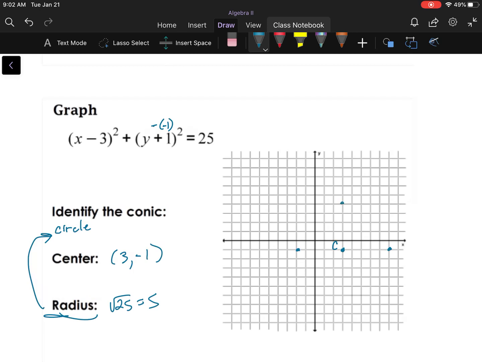Up 1, 2, 3, 4, 5. Down 1, 2, 3, 4, 5. I'm not a very good artist with these, but that's okay. You get the idea. There's my circle centered at 3, negative 1, with a radius of 5. Essentially, we took the circle from the origin, moved it 3 to the right, that's our h value, and down 1, that's our k value.